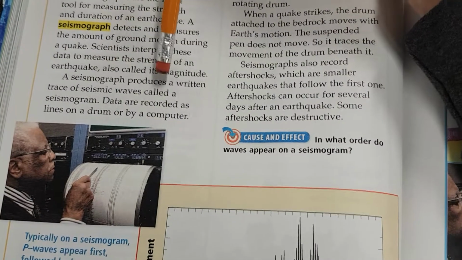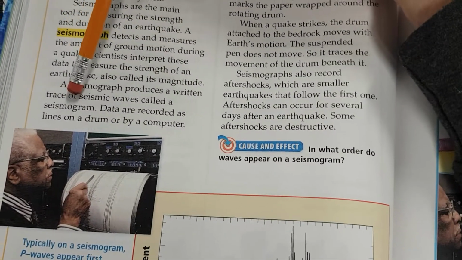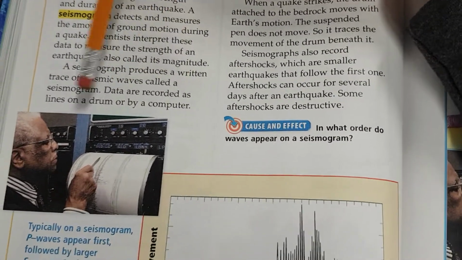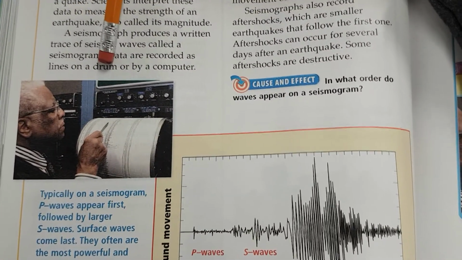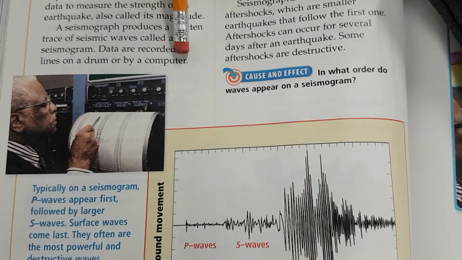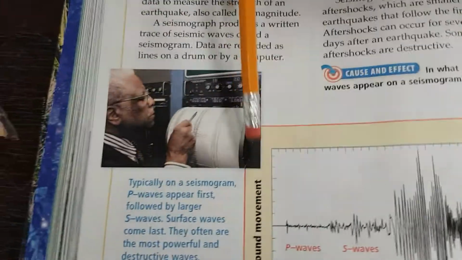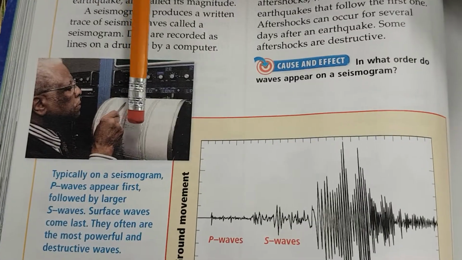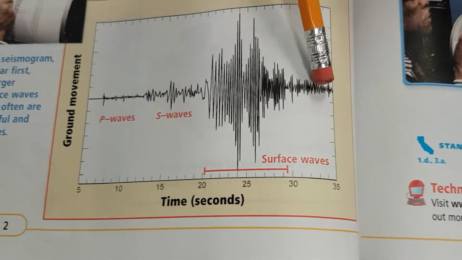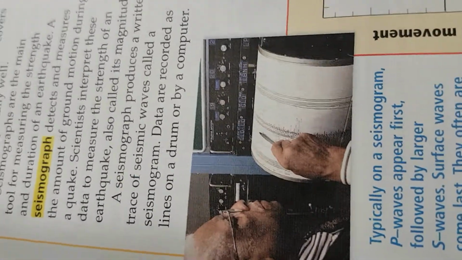A seismograph produces a written trace of seismic waves, called a seismogram. Data are recorded as lines on a drum or by a computer. So this whole machine in this picture is the seismograph. The piece of paper and the drawing that it produces, which ends up looking like this, only turned sideways, is the seismogram.